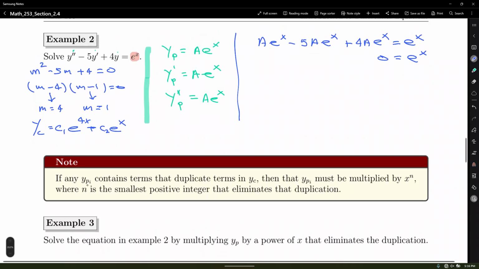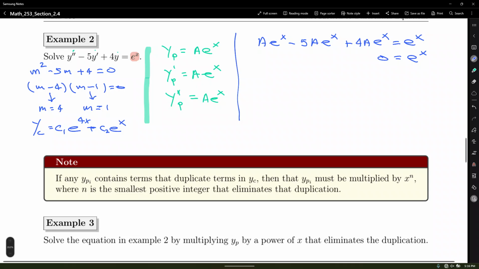When y sub p contains terms that duplicate terms in the homogeneous solution, then the test function, the guess for y sub p, must be multiplied by x to the n, where n is the smallest positive integer that eliminates that duplication.